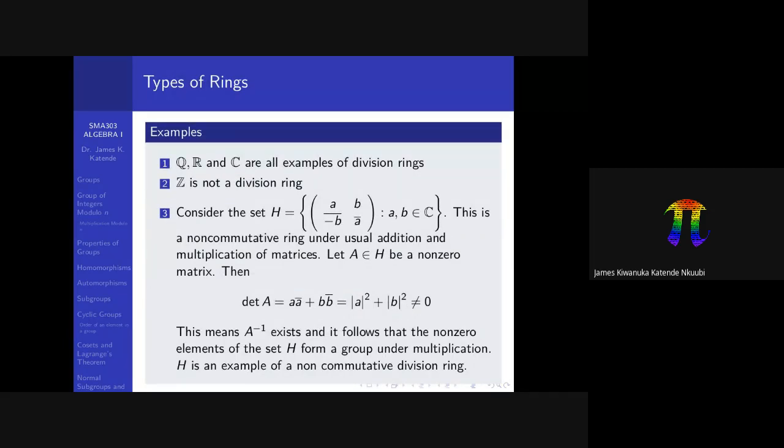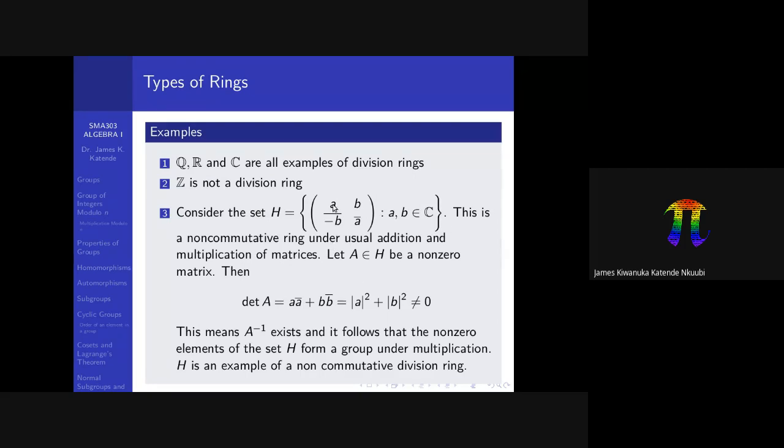I think this gives the same examples that we looked at earlier, but it adds one more example. Consider this set of 2 by 2 matrices over the complex numbers. For this set, we consider matrices whose entries are complex numbers.